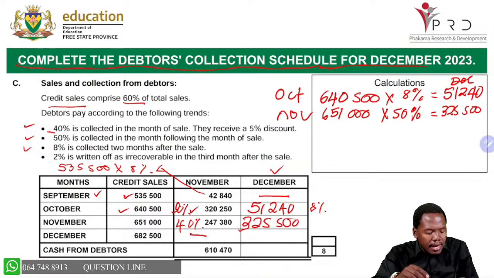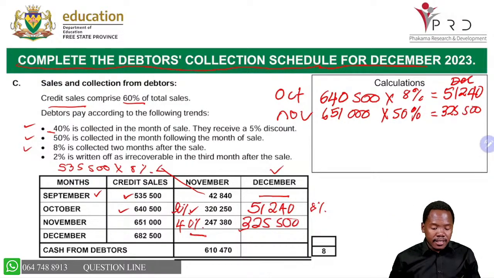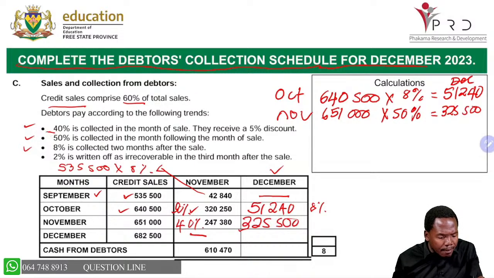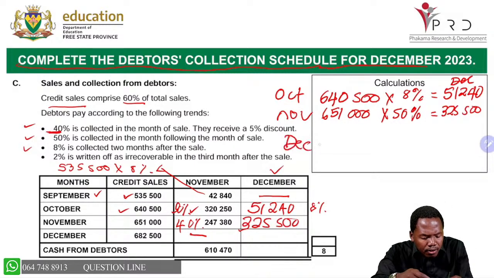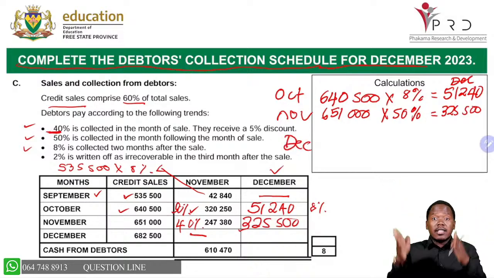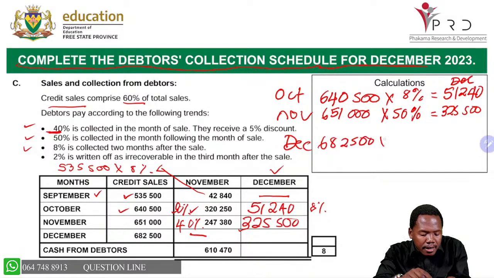Now I'm moving on to December. December, obviously, it's after November, so there shouldn't be any recording in the November. Now I start in December. What did they say? I'm collecting 40%. So this is my December collection. Obviously, because I'm collecting on the column of December, I will have to write this one. So it's 682,500 multiplied by, I'm collecting 40%.